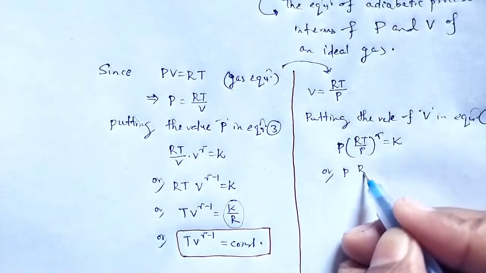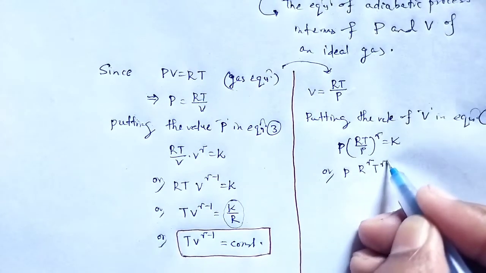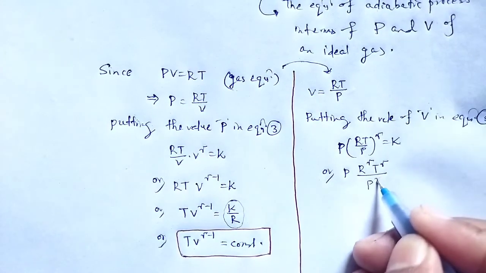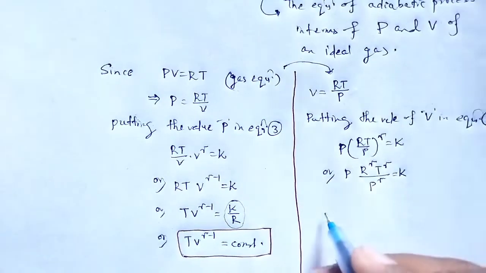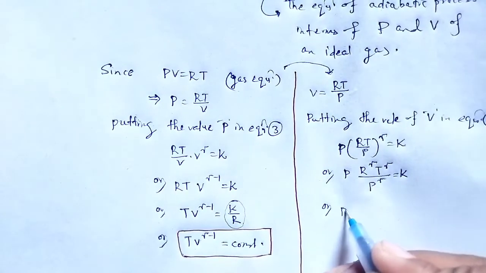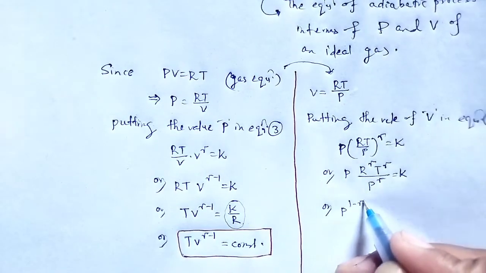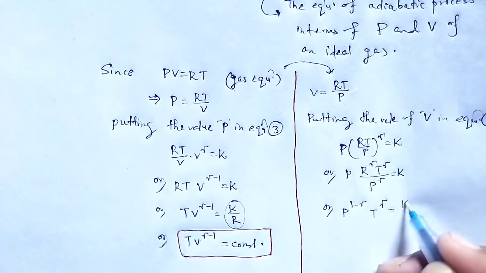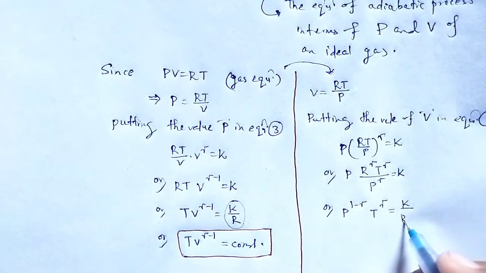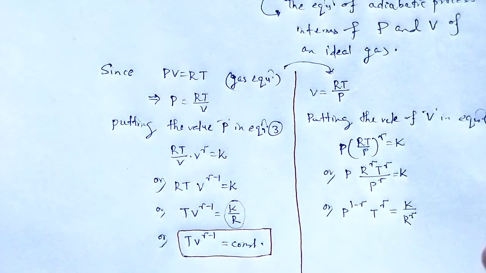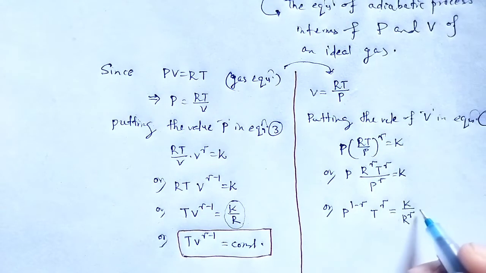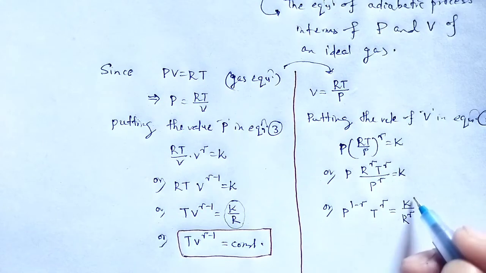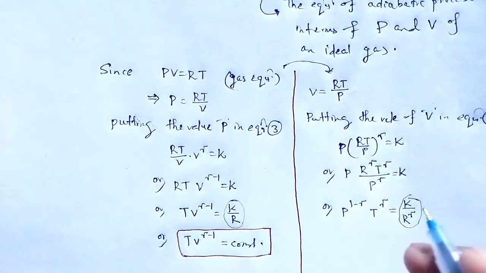Or it is P R to the power gamma T to the power gamma divided by P to the power gamma is equal to K, or P to the power 1 minus gamma T to the power gamma is equal to K divided by R to the power gamma. K divided by R to the power gamma is a constant term.